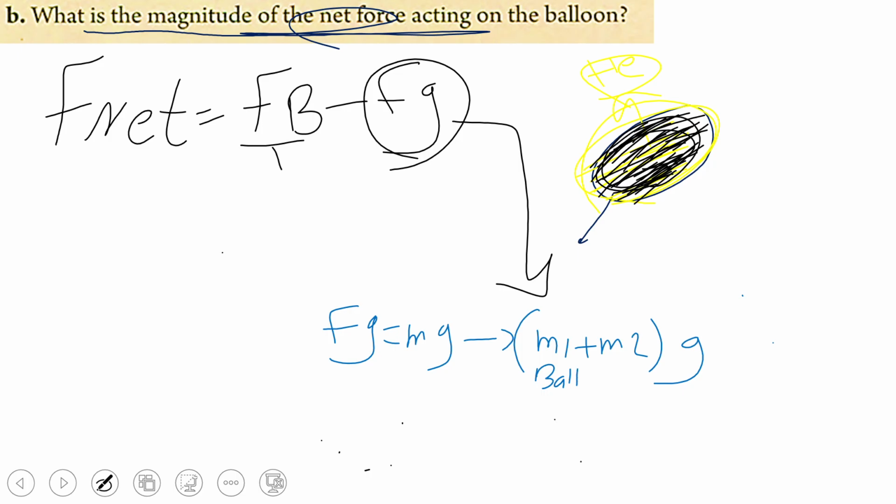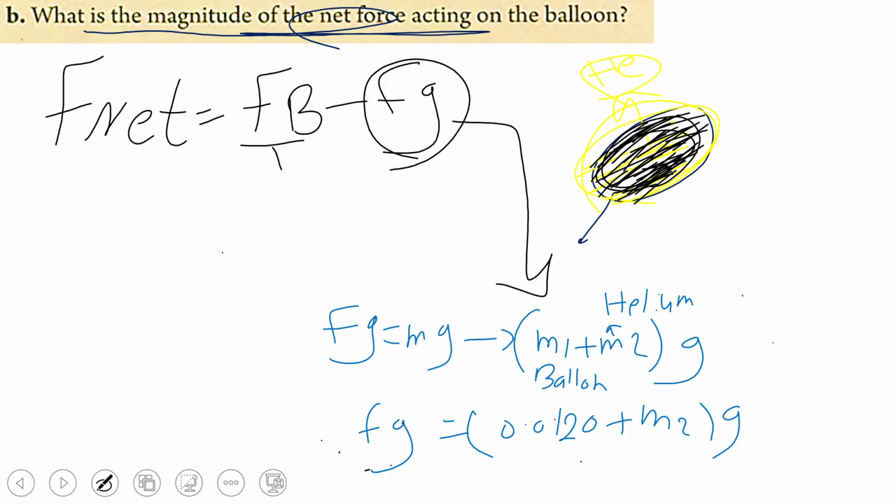This mass is the balloon, and this mass is the mass of the helium. The mass of the balloon was 0.0120 plus the mass of the helium. In here we don't have it, right? I bring down the g. We don't have the mass of the helium.